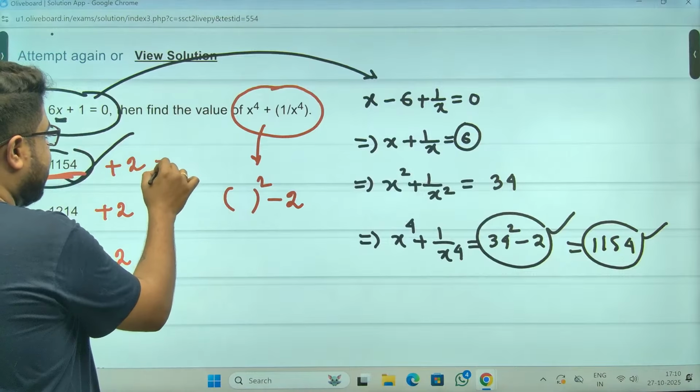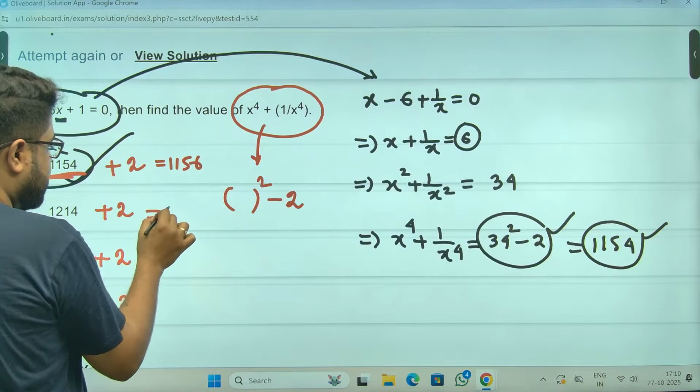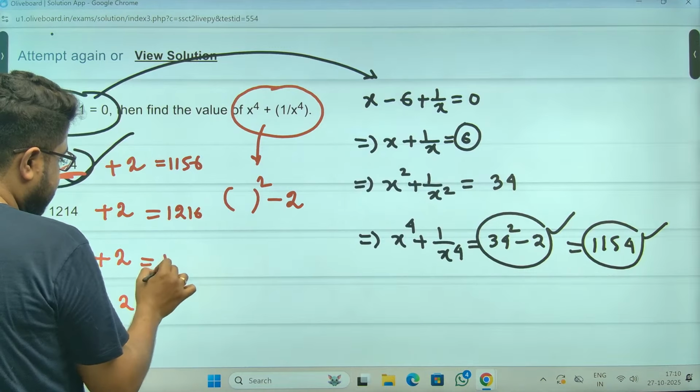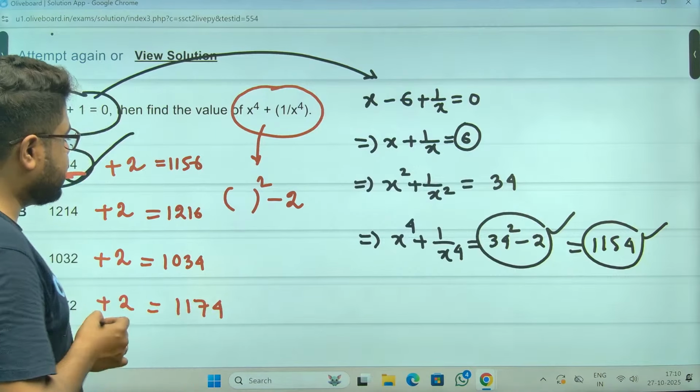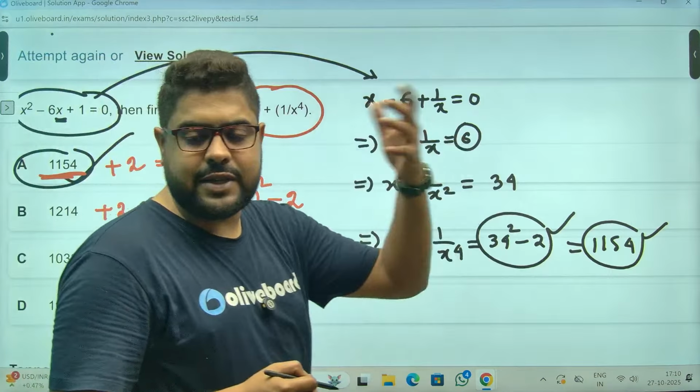This is giving me 1156, this is 1216, this is 1034, this is 1174. These numbers have to be perfect squares. This is not a perfect square, this is not, this is not. This is one. So without any calculation, I can say this is my correct answer. Perfect, everyone. Moving on to the next question.